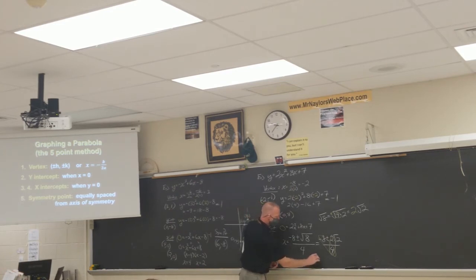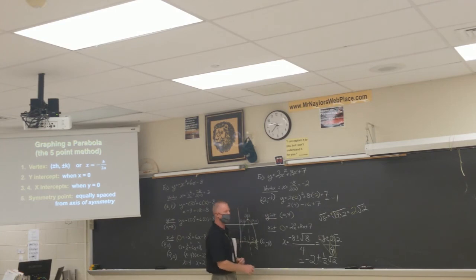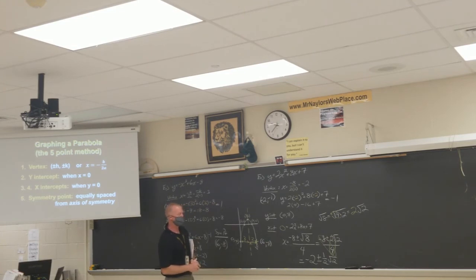Now, the 2 that's in front reduces with the number 4. Yeah, it reduces to be a half. So I'm going to argue that our goal is to get to negative 2 plus or minus 1/2 root 2. It is a little simpler because the numbers are smaller.